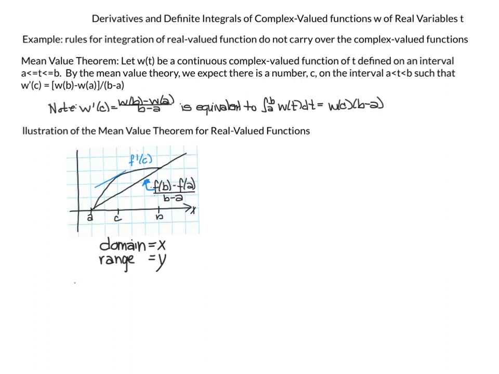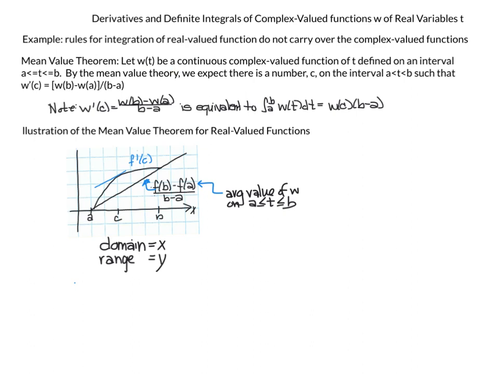Okay, so what the mean value theorem is saying is, here you have an interval from a to b and some function, this curve here, and you can draw this slope between a and b, (f(b) minus f(a)) over (b minus a). The slope also represents the average value of w on the interval a to b.